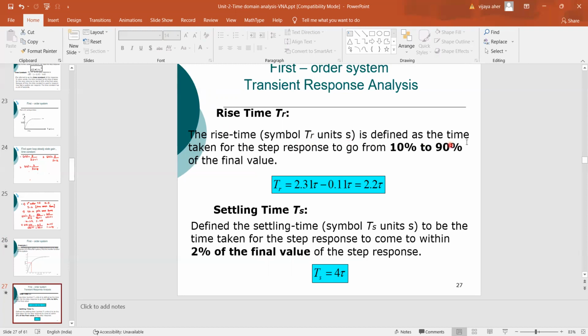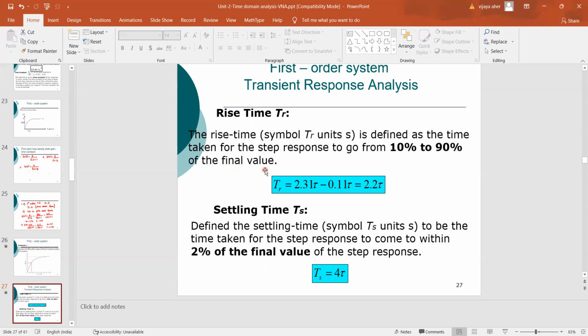Rise time is defined as the time taken for the step response to go from 10% to 90% of its maximum value or final value.